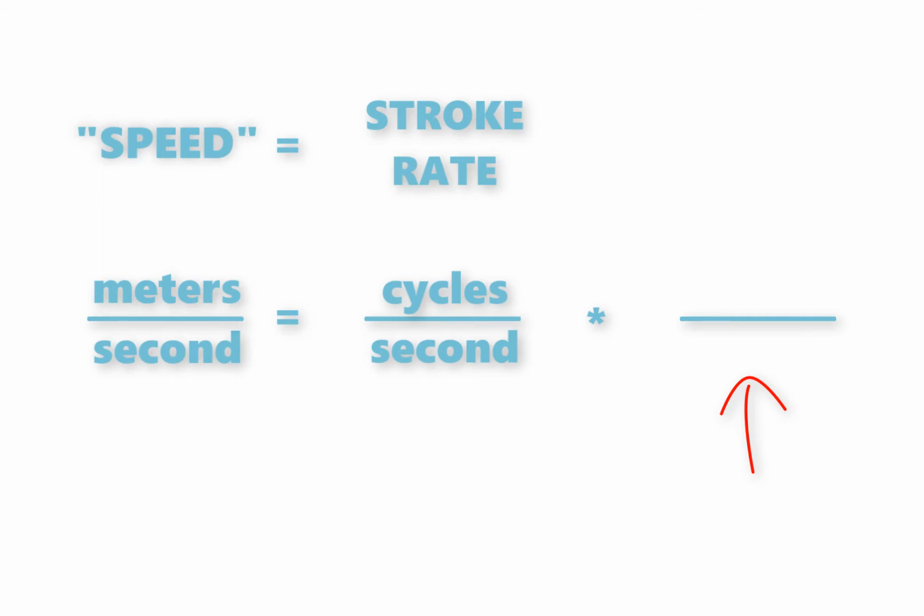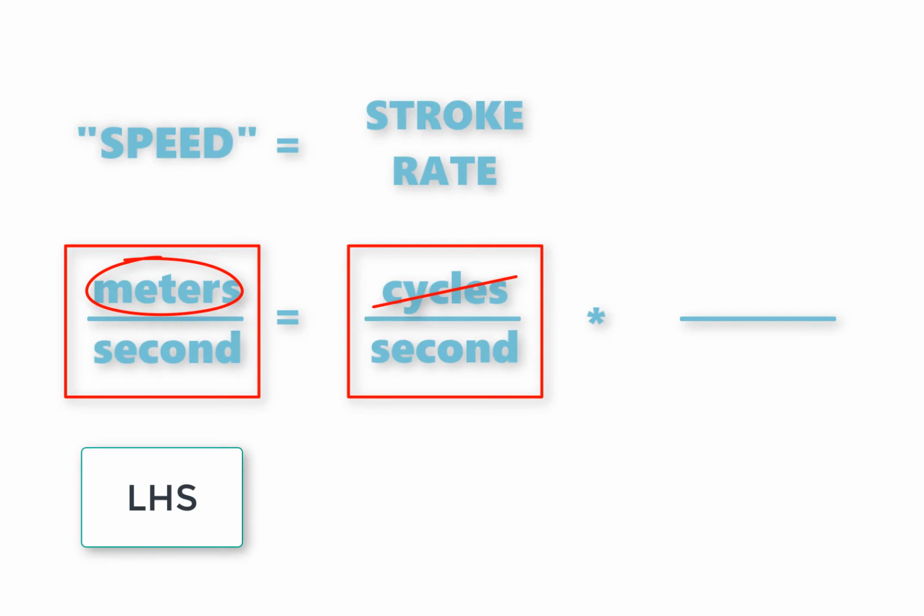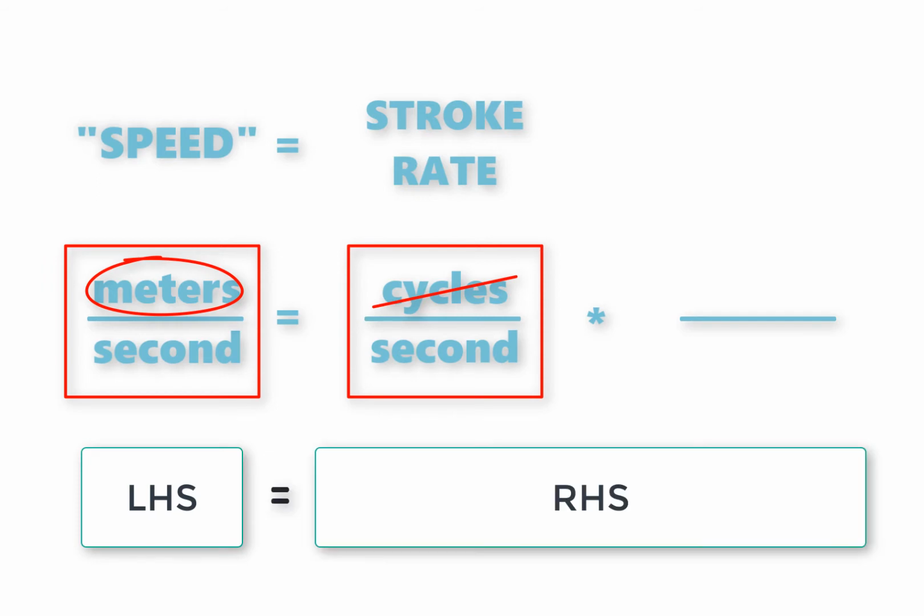Some very simple algebra can help us figure this one out. So if speed, or meters per second, is equal to stroke rate, or cycles per second, then this other variable has to eliminate cycles and include meters, because the left-hand side of the equation has to equal the right-hand side of the equation.